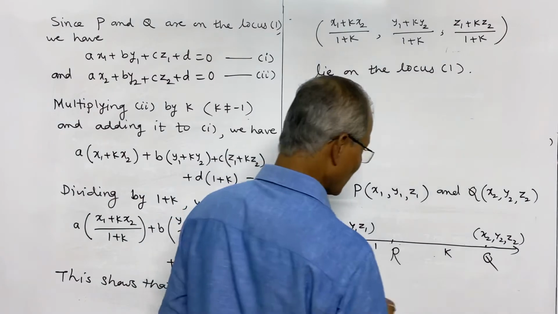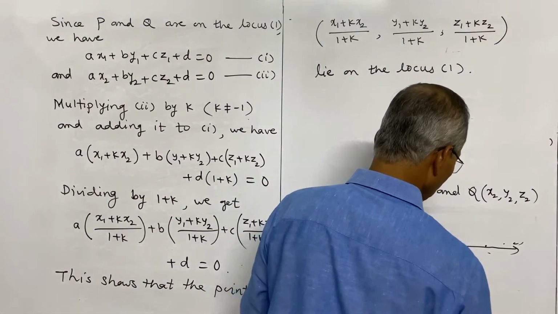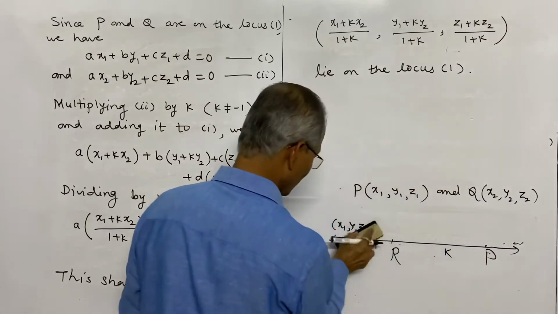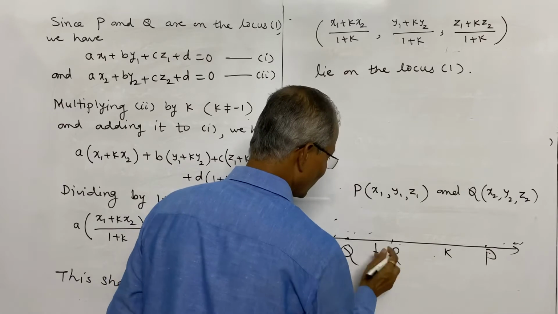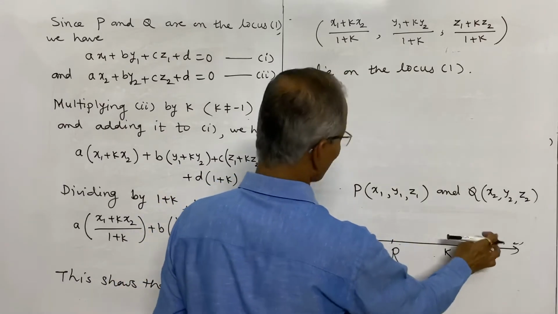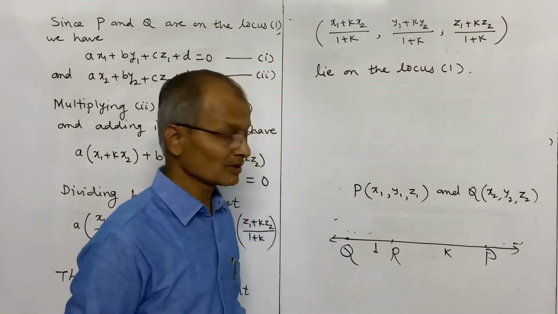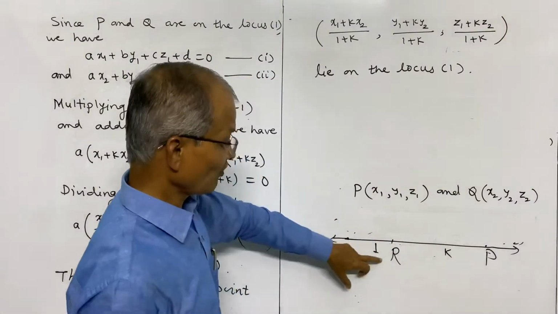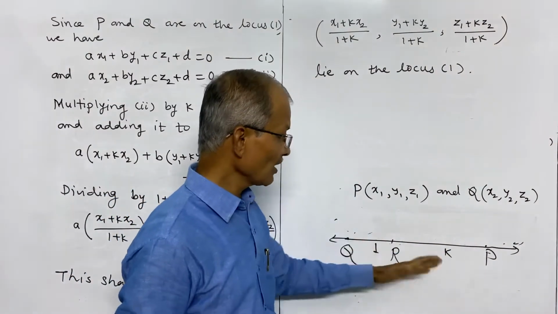Therefore, if you consider this to be the P point and this the Q point, then the ratio is 1 to k. So 1 x1 plus k x2 divided by 1 plus k. That gives exactly the coordinates of the point which divides the join of P and Q in the ratio 1 is to k.